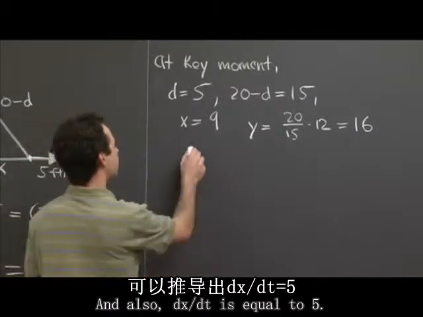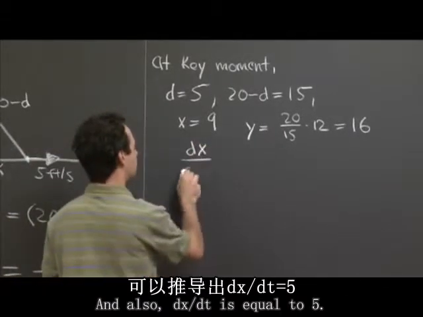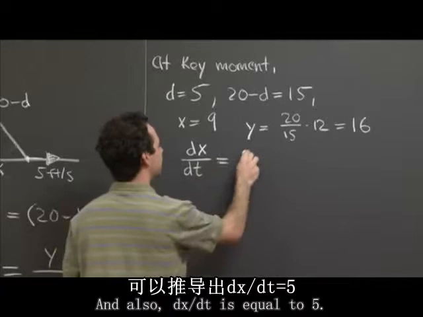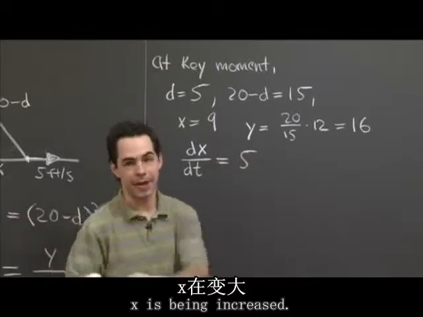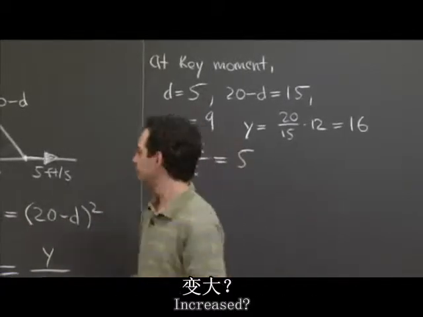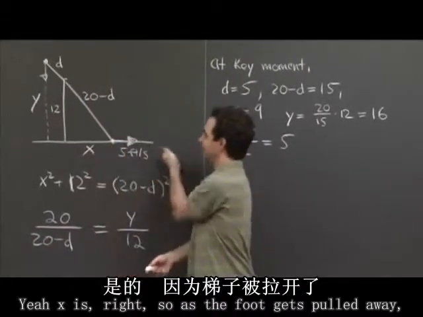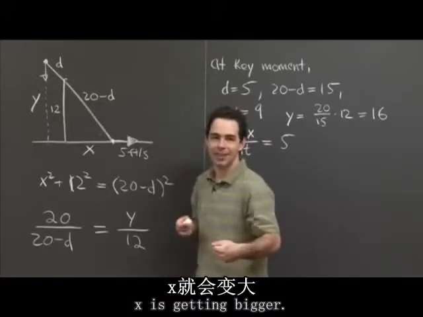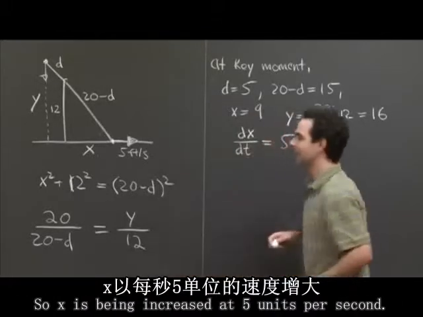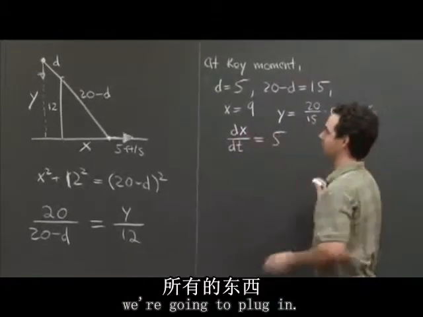And also, dx/dt is equal to 5, right? x is being increased. As the foot gets pulled away, x is getting bigger. So x is being increased at 5 units per second. All right, so these are all the things we're going to plug in.